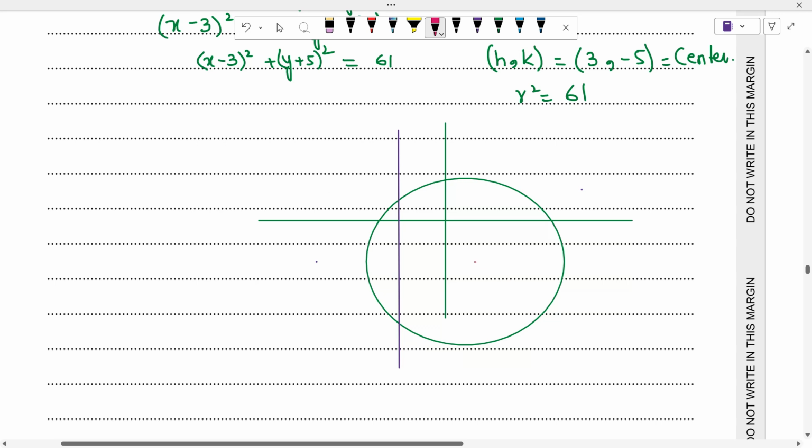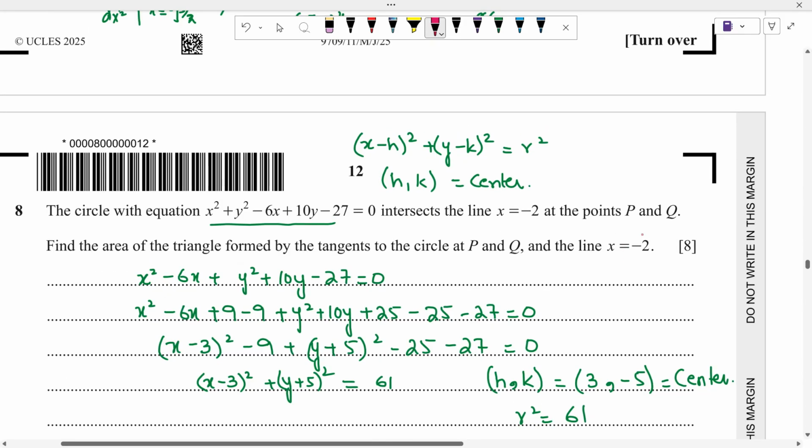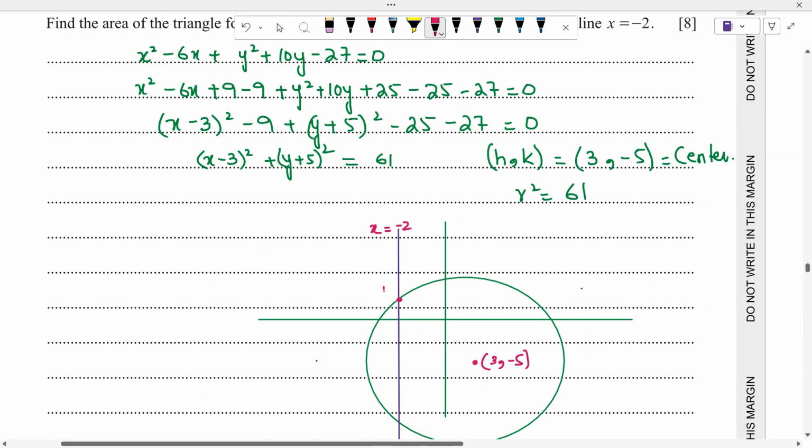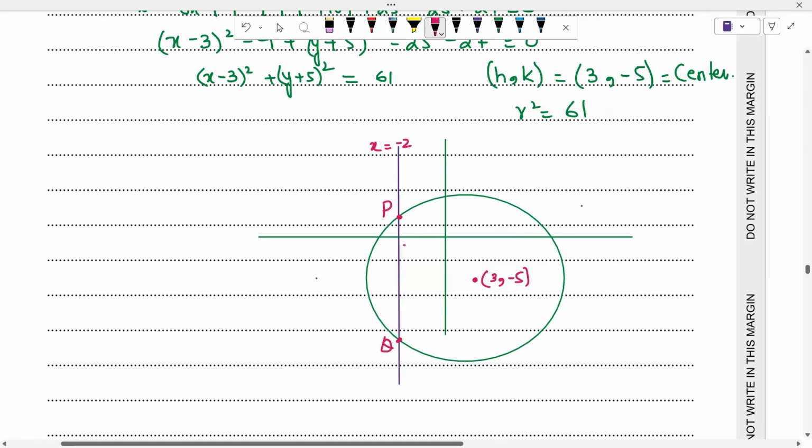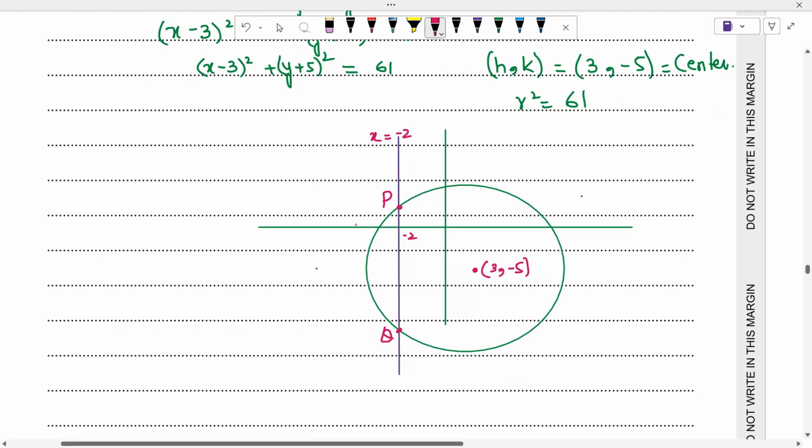Suppose we have the center here, which is 3 comma -5, and this is the line x is equal to -2, which is intersecting the circle at points P and Q. We need to find the tangents, and when we extend the length of the tangents, they intersect here.